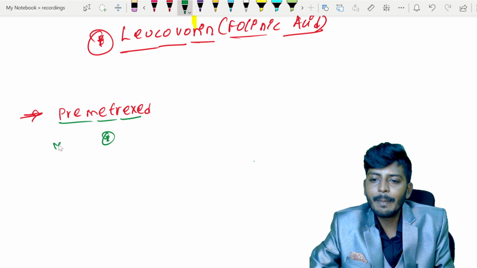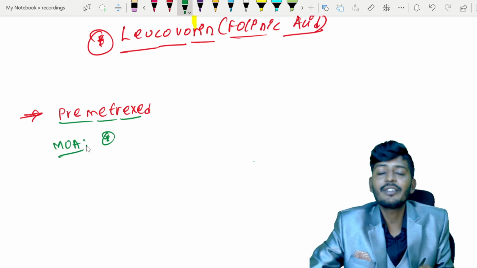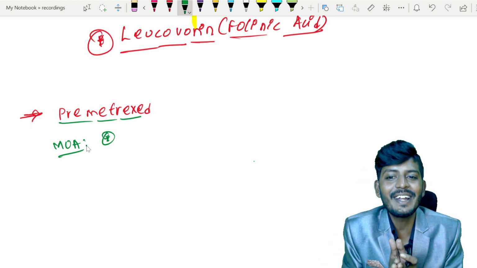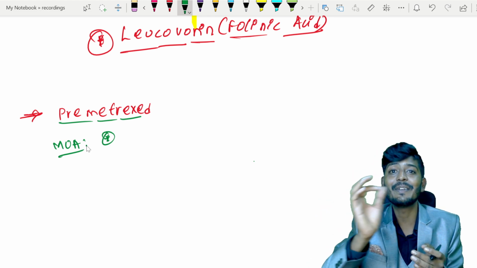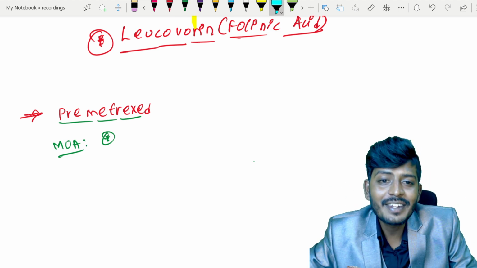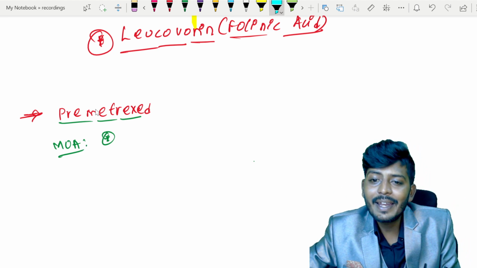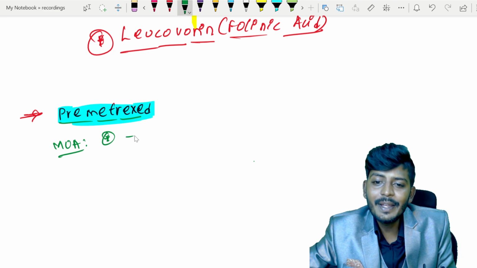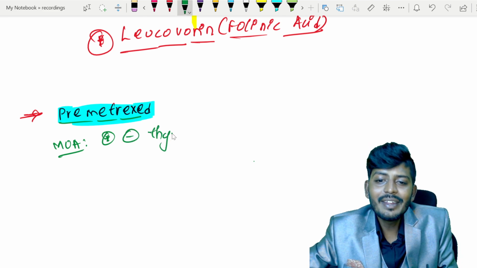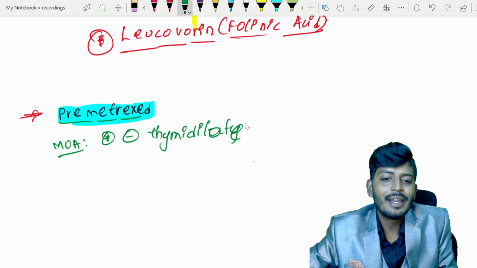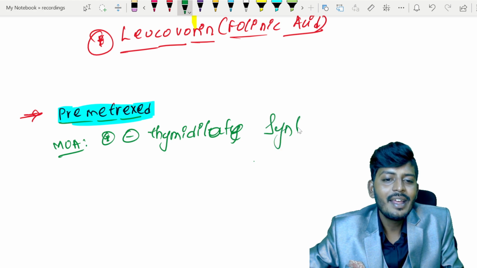So the first important point is the mechanism of action. Earlier we discussed the mechanism of action of methotrexate: DHFR inhibition. But the first and most important mechanism of this drug, Pemetrexate, is that it inhibits thymidylate synthase.